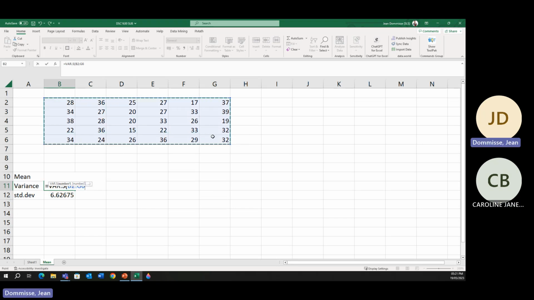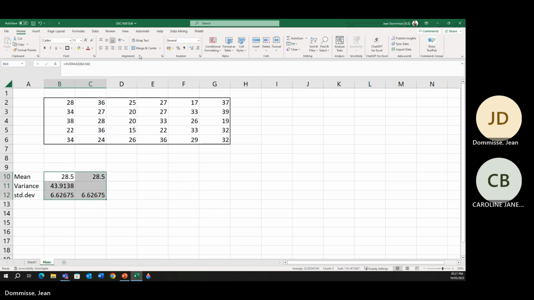The other thing that is important is that your standard deviation is the square root of your variance. So if you square that number, you should also get the same answer. So there are a few things that we can test to see if we are on the right path or not.